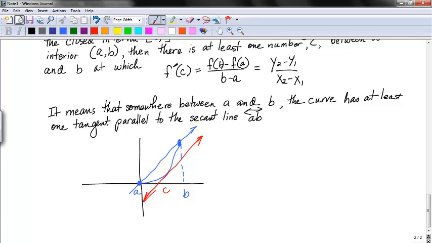This red line would be the tangent line. Okay, and there's some x value c where it's got the same slope as that secant line, the blue line.